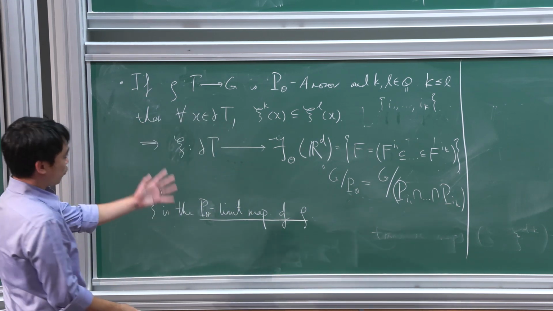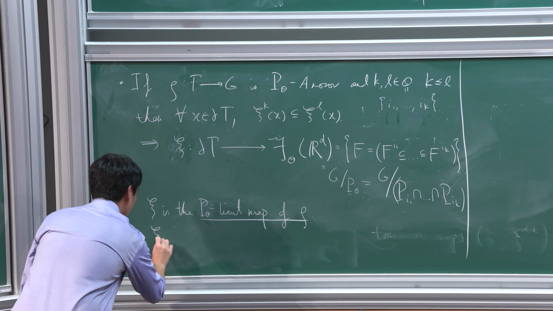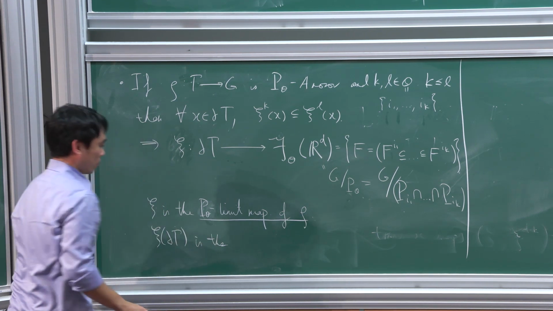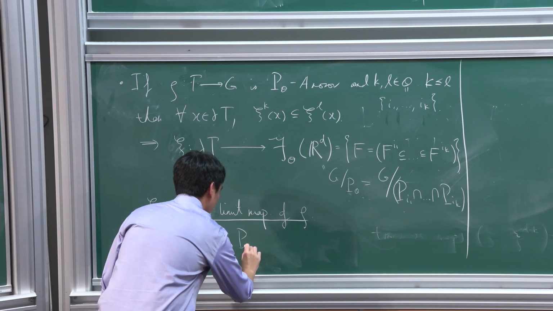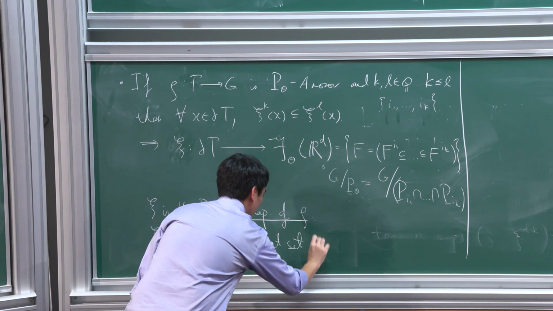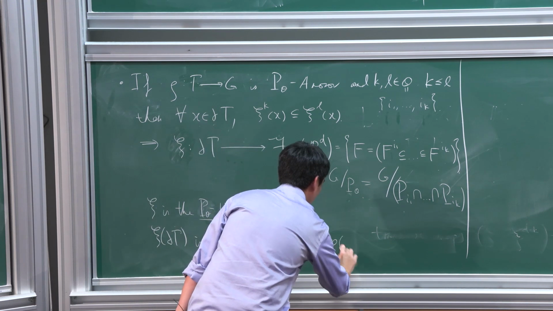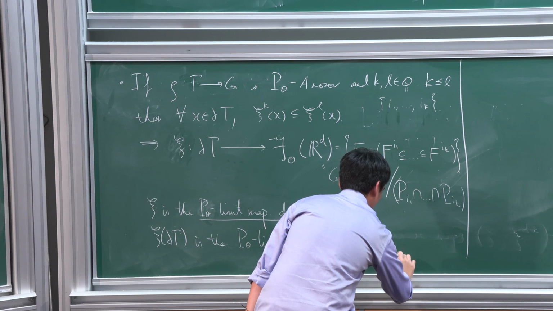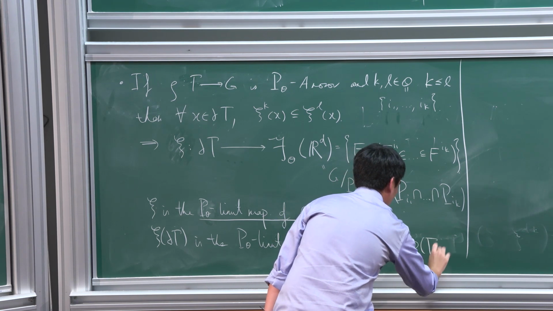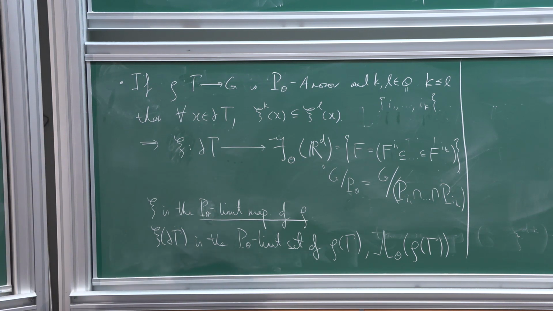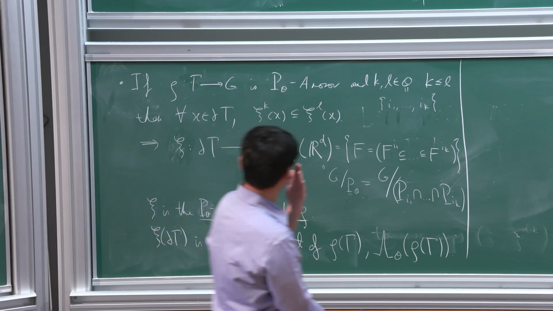And its image is the P theta limit set of rho gamma, and this is often denoted by lambda theta of rho gamma. All right, so far just terminology.